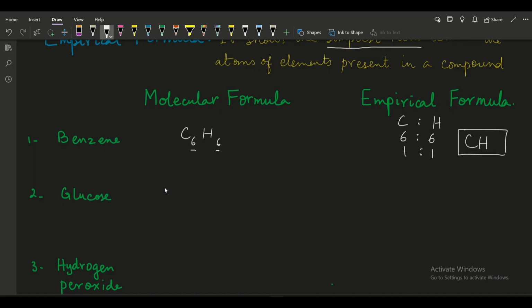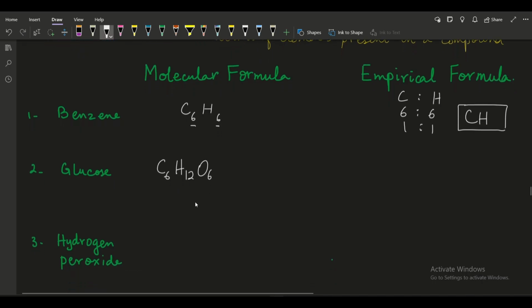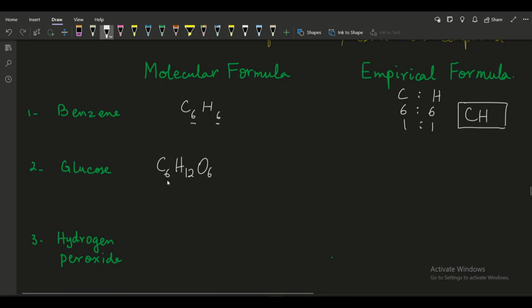Next is glucose. The molecular formula of glucose is C6H12O6. It means that in the molecule of glucose we have 6 atoms of carbon, 12 atoms of hydrogen and 6 atoms of oxygen. But if you take the simplest ratio between carbon, hydrogen and oxygen, now you can divide.